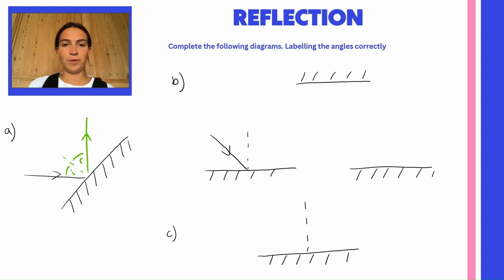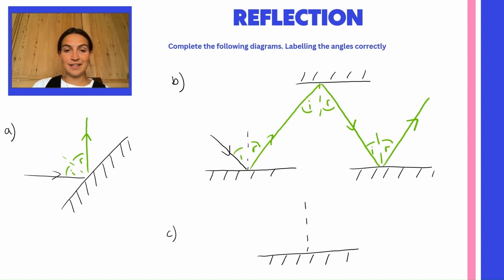Okay, now in part B, I've got this three mirror situation going on here. So I have this initial incident ray, which is my black line coming here. That is going to get reflected. Okay, so that reflected ray then goes up to that top mirror.